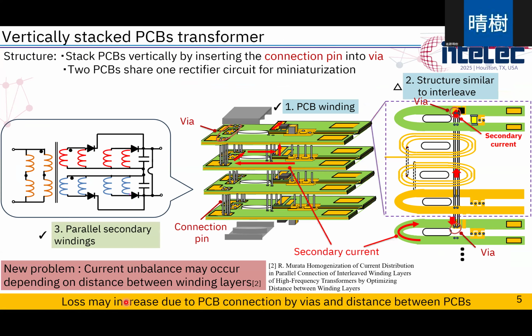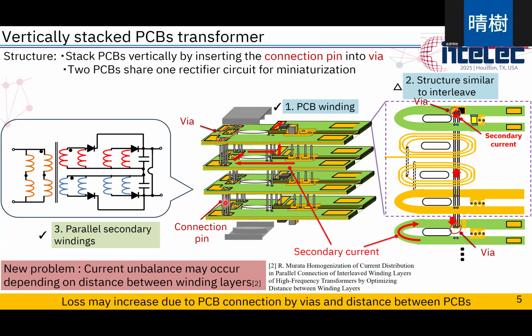So we proposed vertically stacked PCB transformers, and this has a few characteristics. First is to stack PCBs vertically by inserting connection pins into vias, and two PCBs share one rectifier circuit for miniaturization.